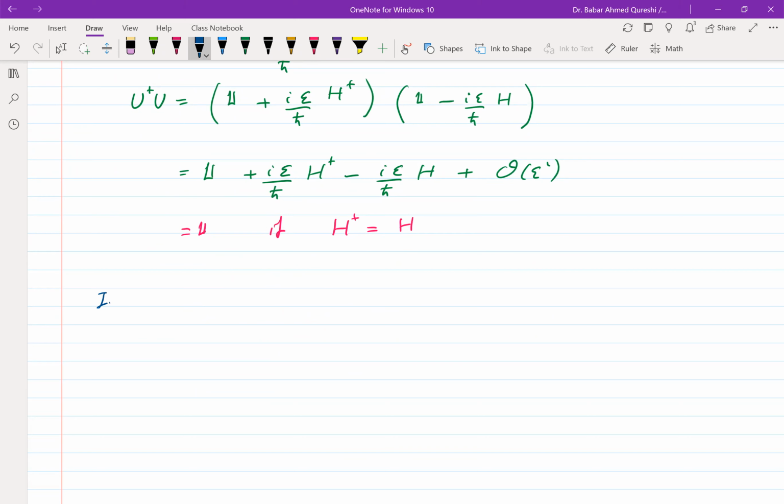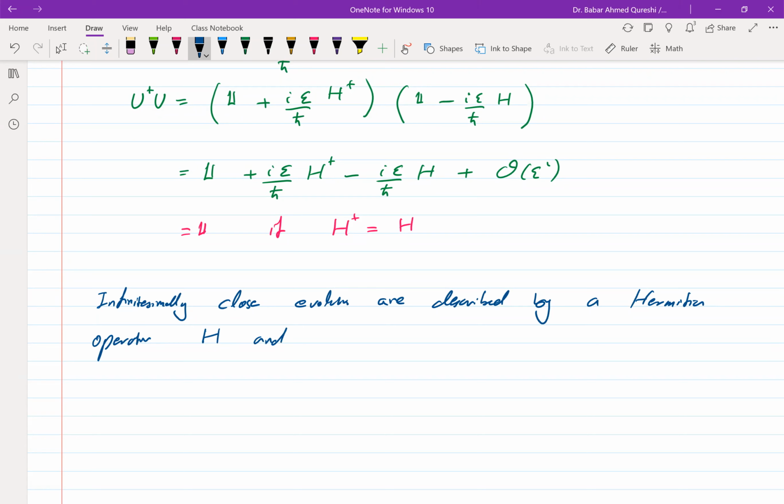So infinitesimally close evolutions are described by a Hermitian operator H, and it is given a name, Hamiltonian.